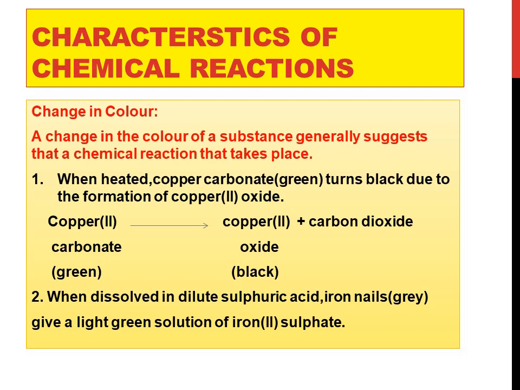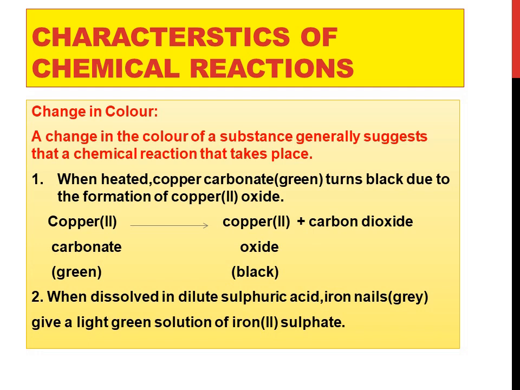First is change in color. A change in the color of a substance generally suggests that a chemical reaction has taken place. There could be a change in the color of the substance, and that indicates that a chemical reaction has occurred.